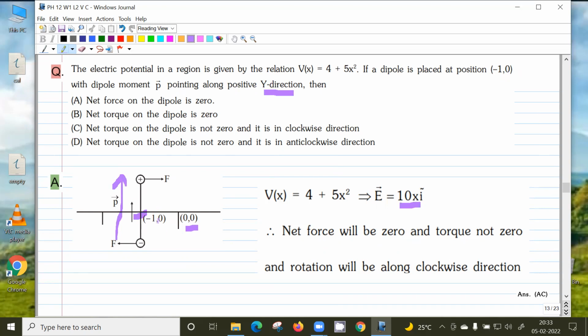In this direction, the value of x is the same for plus q and minus q. So the electric field is the same for both. So for this particular orientation of the dipole, the net force is 0. But torque is always there, the torque is not 0, and the torque will be in this direction.